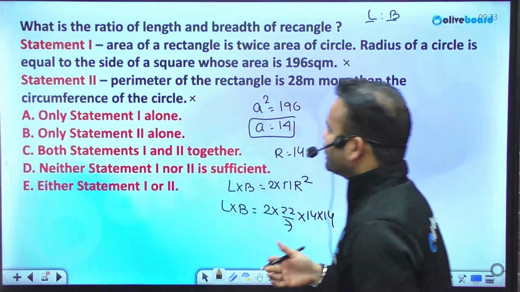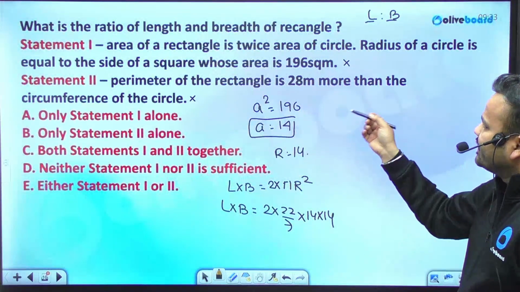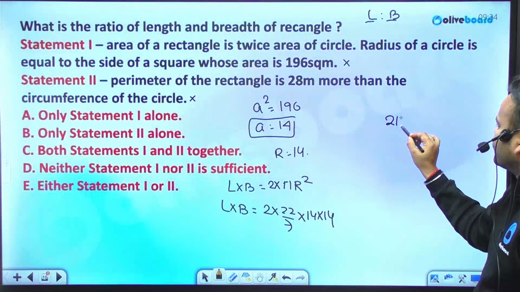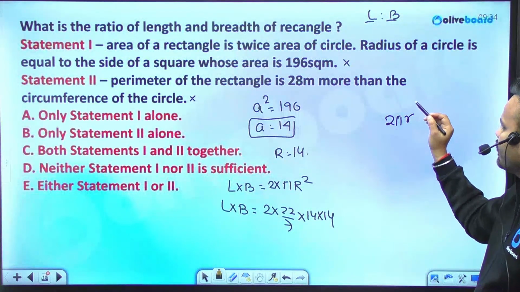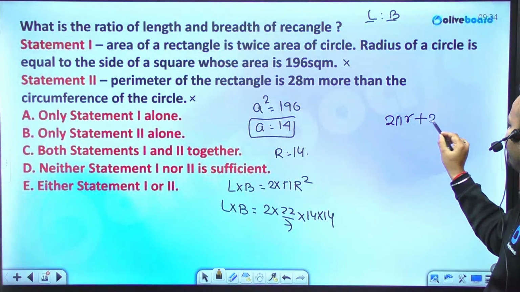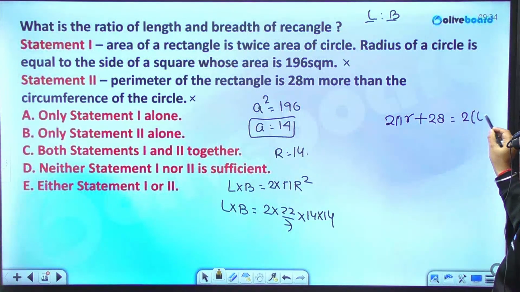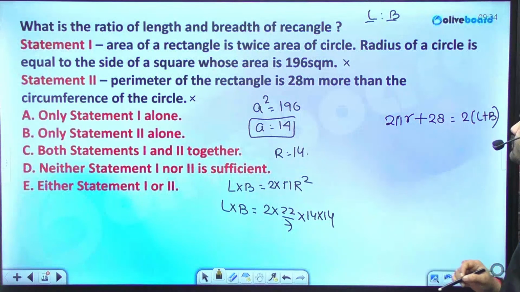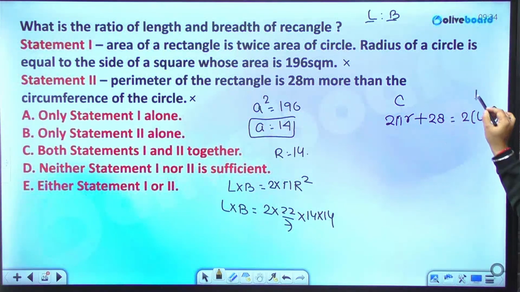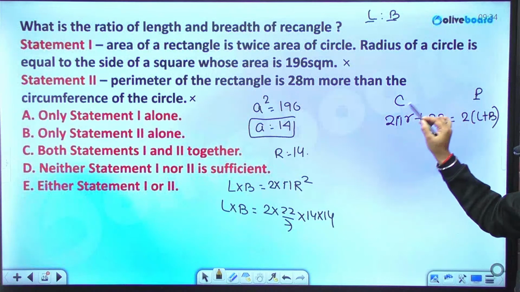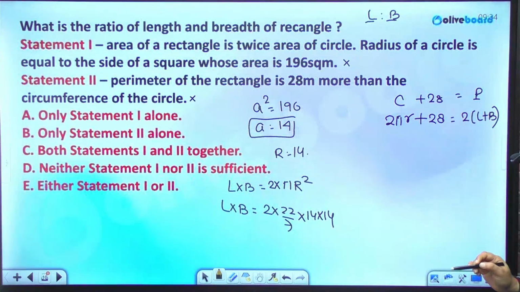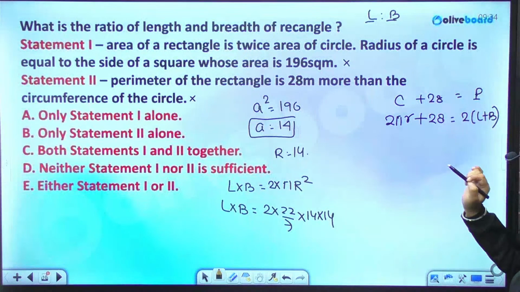Now coming to the second statement, the perimeter of the rectangle is 28 more than the circumference of the circle. Circumference of the circle is 2 pi r. So the perimeter of the rectangle is 28 more. So the circumference of the circle plus 28 is equal to the perimeter of the rectangle, which is 2 into (L plus B). We know the value of r.